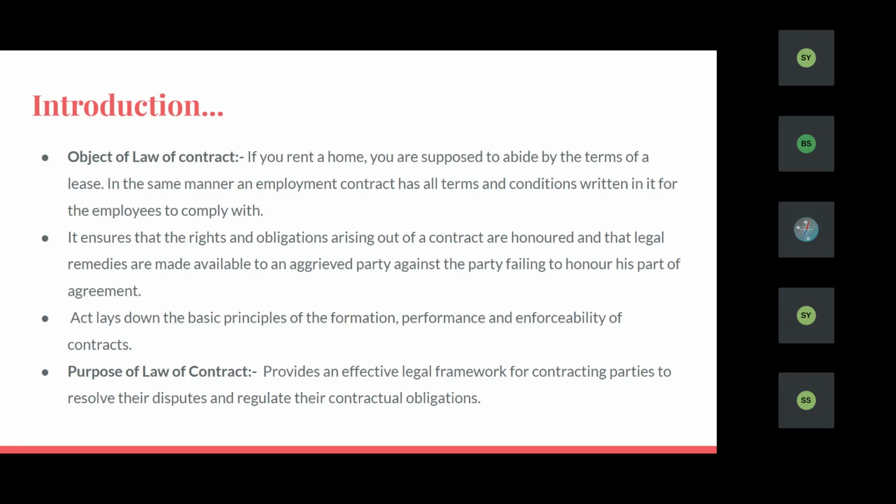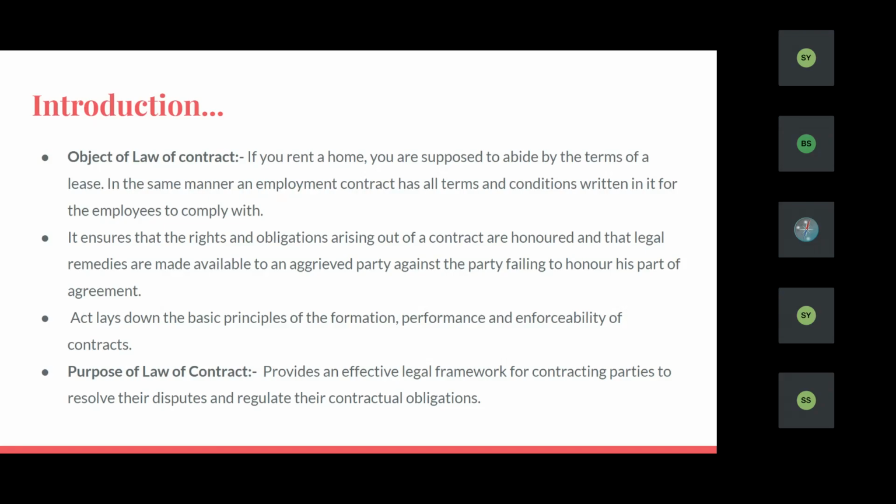And it will also specify that in case of any default from your side, if you have indulged in any wrongful activity, you will be liable for that. Let us suppose this employment contract is for a factory worker. Just imagine this factory worker, while working in a factory, damages something.